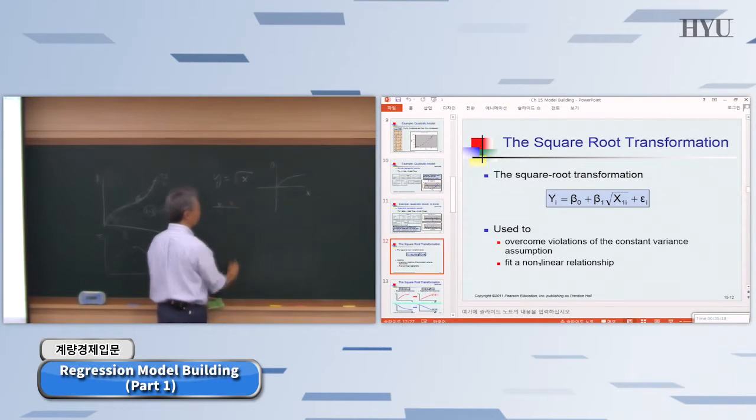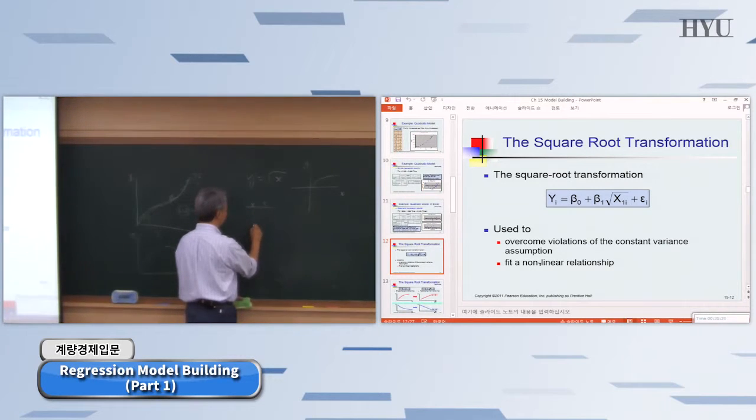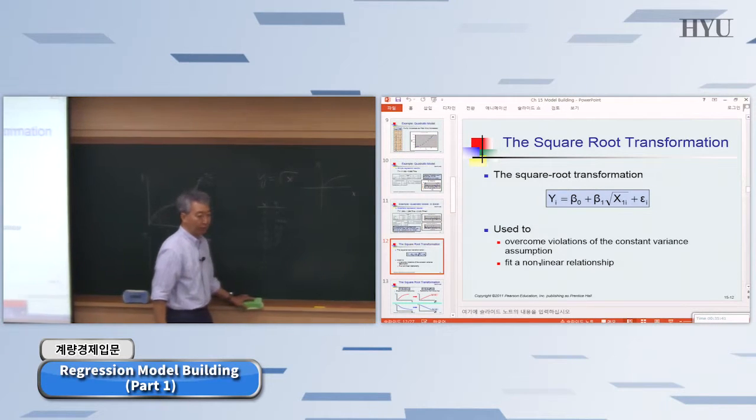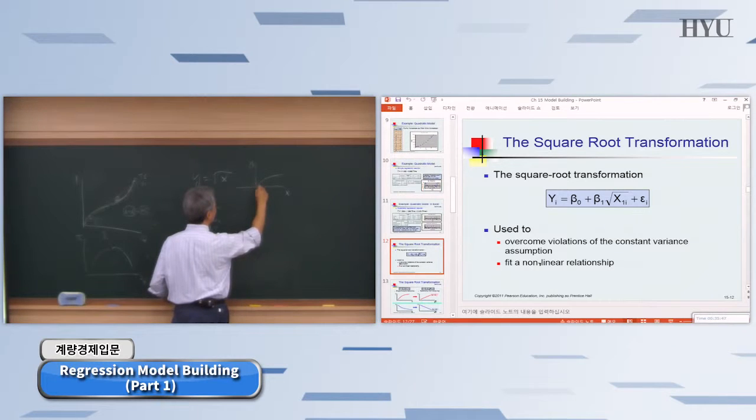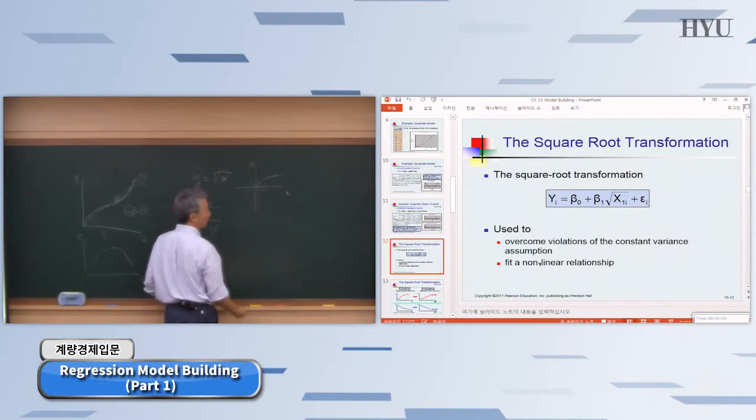If x goes 1, 2, 3, 4, 5, 6, and y goes for what? 1.414. What's the square root of 3? I don't remember. 1.7 something, 2 point something. So you can easily create that: 1, 2, 1.4, 3, 1.7, something like that.